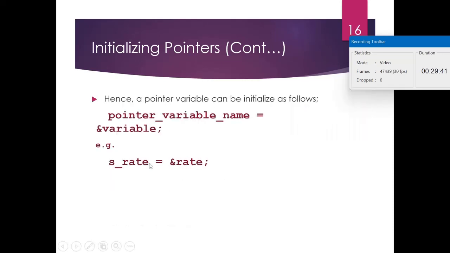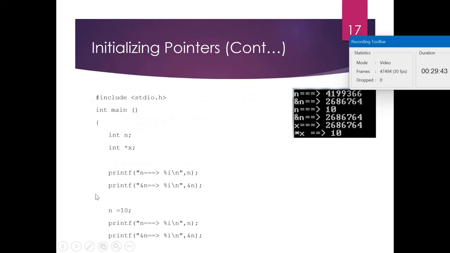Here, this is an example. Int main, int n, and there is a pointer, integer type pointer x. Okay, integer type pointer x. This n is an integer type variable. It has given a printf n equal whatever value.